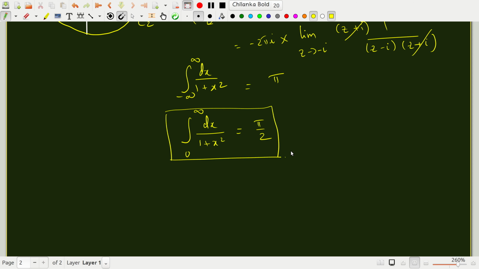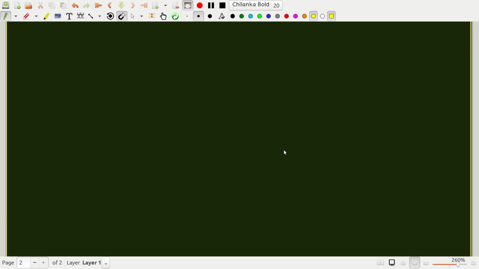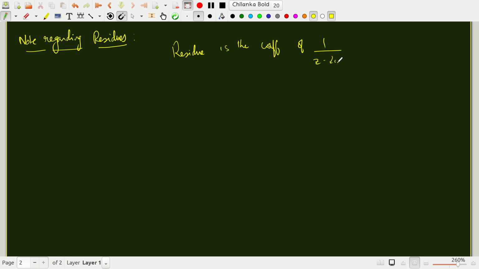Okay, now there is one note regarding the identification of residues. It's a very important note. Suppose we say that the residue is the coefficient of 1 over z minus z naught in the Laurent series of a function f of z, right?